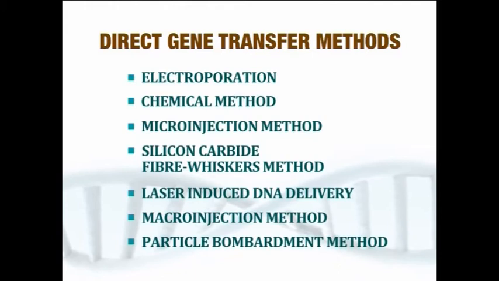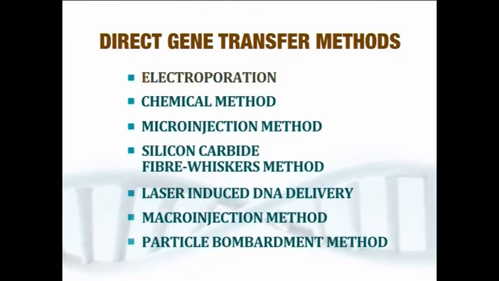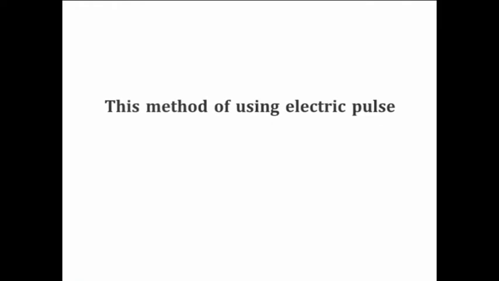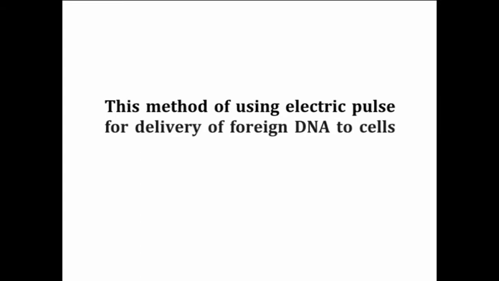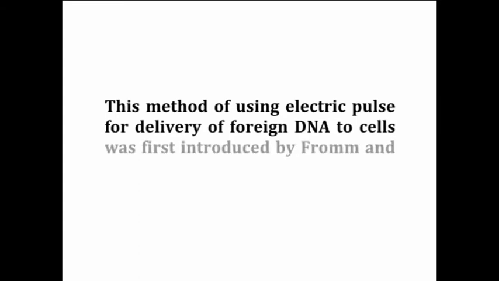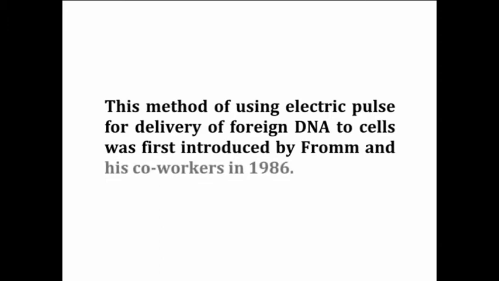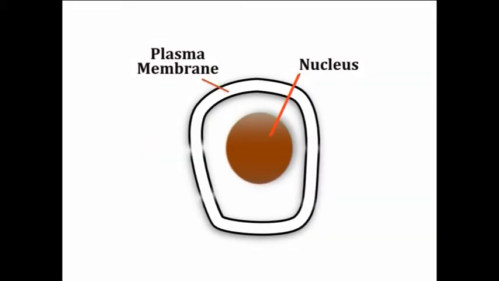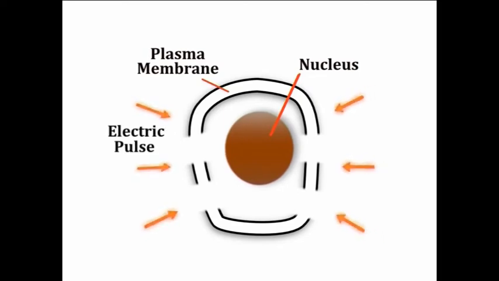Now we will go to electroporation. This method of using electric pulse for delivery of foreign DNA to cells was first introduced by Fromm and his co-workers in 1986. Transient pores are created in the plasma membrane due to electric pulse.